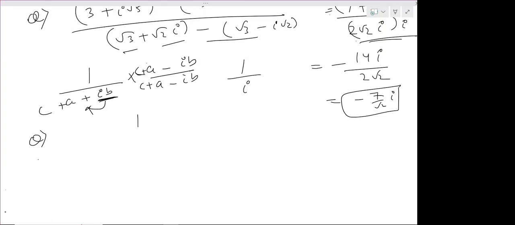Okay, sir. So 1 upon 1 minus cos theta plus 2i sin theta.